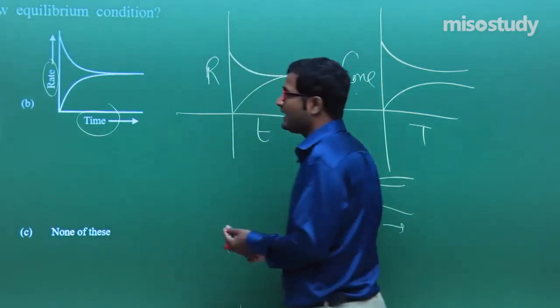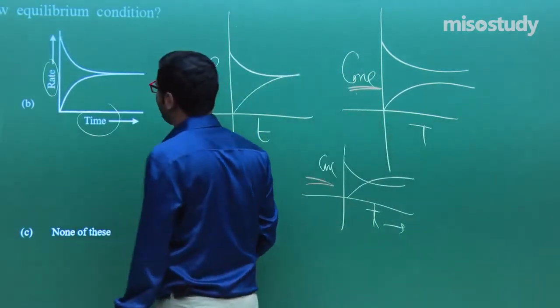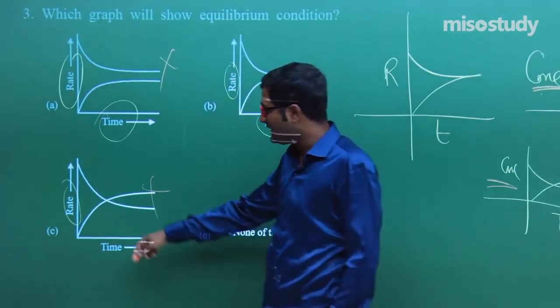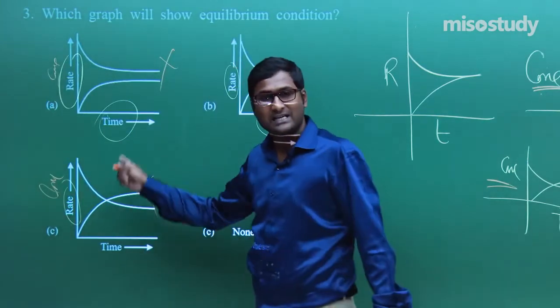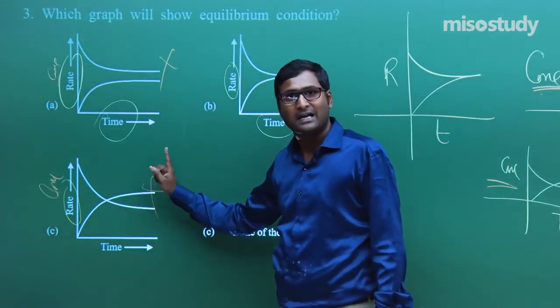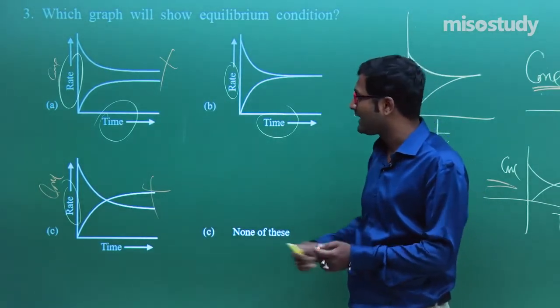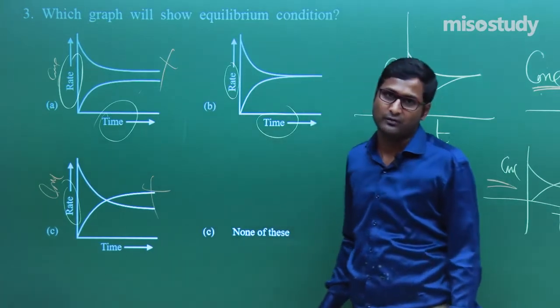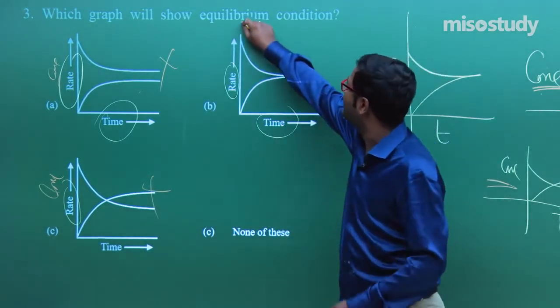Do you remember this? Here concentration is not given, so this one and this one are not correct. If there is a concentration term, then definitely, as I discussed in my lecture, the concentration and time graph shows the basic properties of equilibrium. So which graph shows the equilibrium condition?